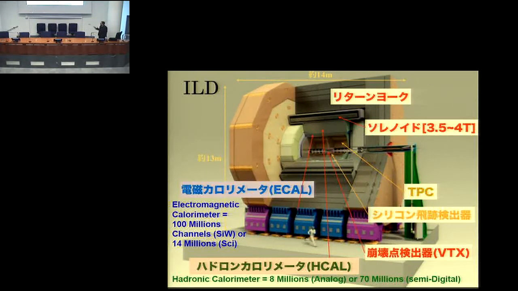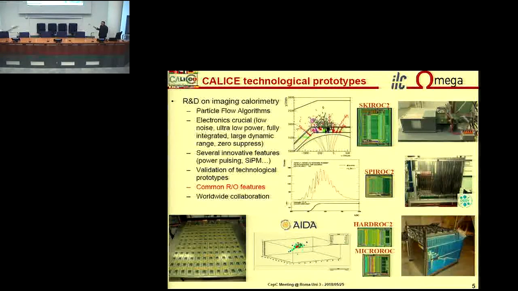Concerning the history, we started to work on the calorimeters for the ILC, and just to give a number, depending on the technology which might be chosen, we will have up to 100 million channels or 70 million channels for the ECAL and HCAL, which is really a lot if you consider the heat which is induced by every channel.